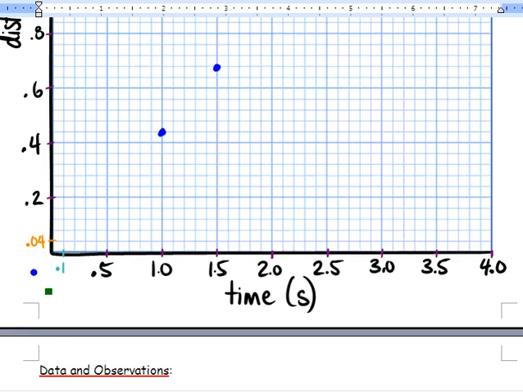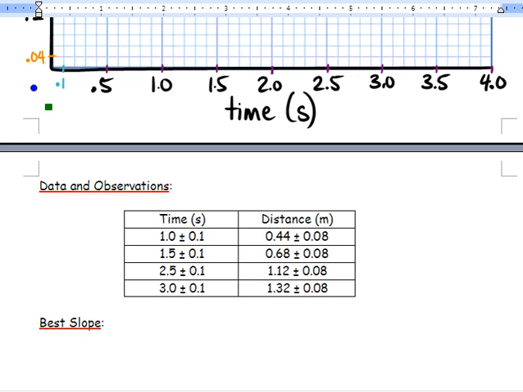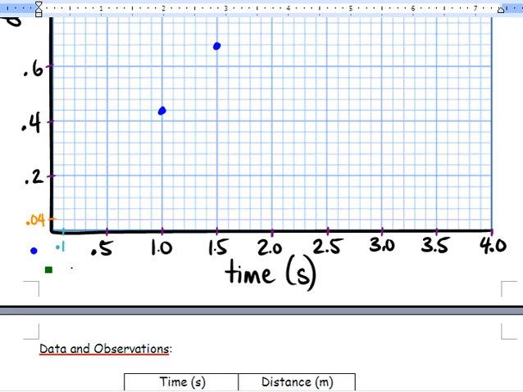Now, the next thing we want to add to those data points before we draw any lines is that uncertainty. So we draw these things called uncertainty bars. And I'll show you what it looks like. They're pretty darn easy to put in there. For all of the time values that we recorded, we were uncertain about a tenth of a second. And looking at our scale, we've put this little reminder, which is cool, that a tenth of a second is 1 little box in either direction.